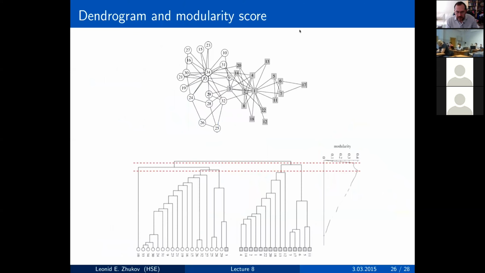So this is the same quadratic graph as I showed before, and here it's modularity. It's just on the side.